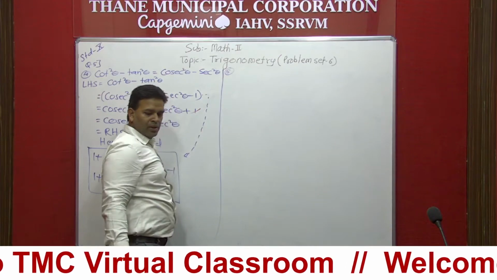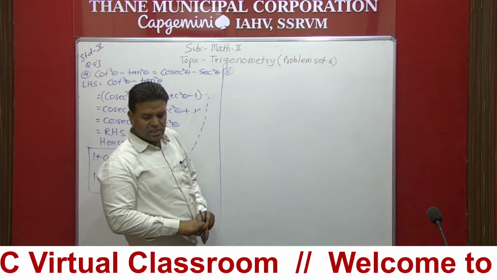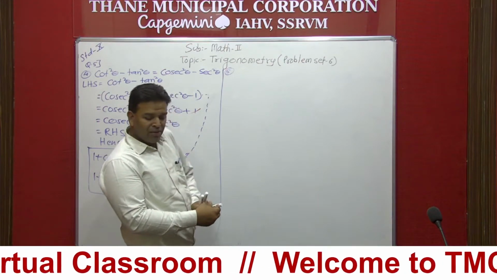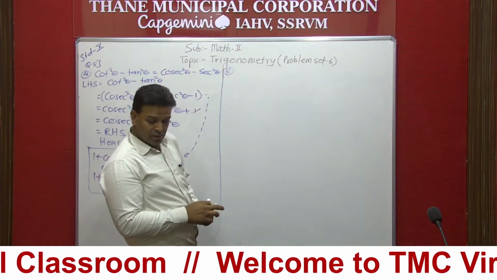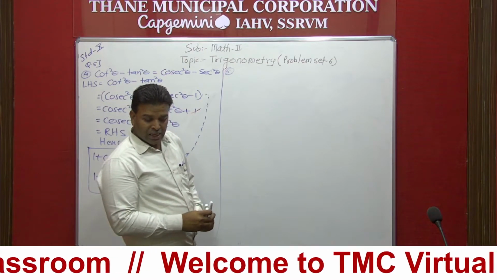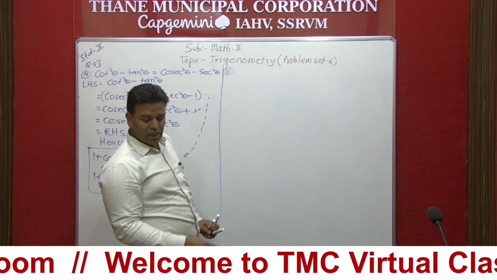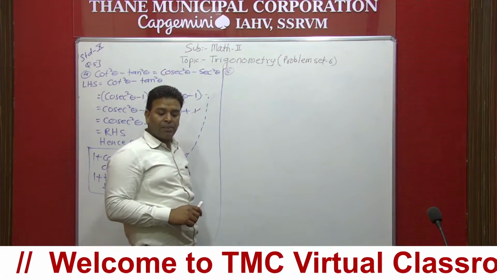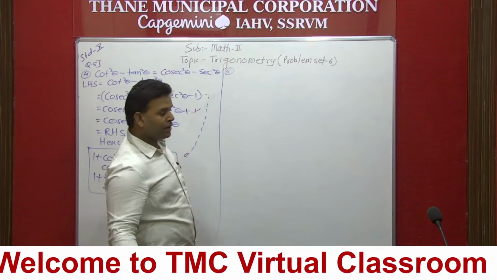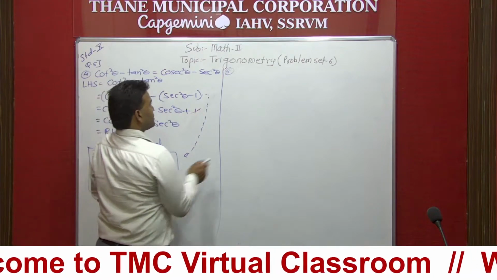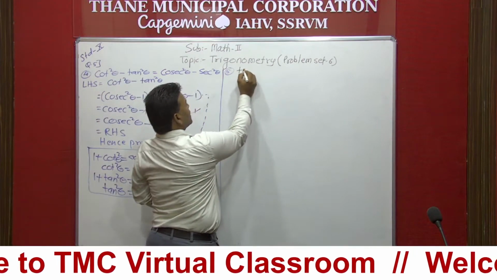Question number 5. Now question number 5 is tan power 4 theta plus tan square theta is equal to sec power 4 theta minus sec square theta. Okay, let me write down the question first.